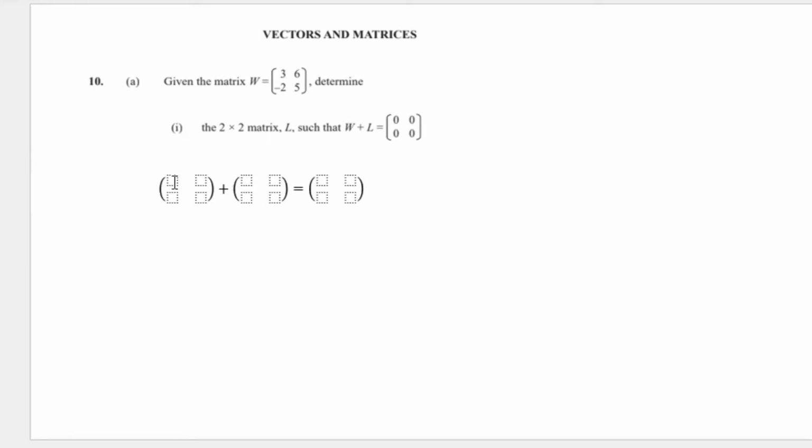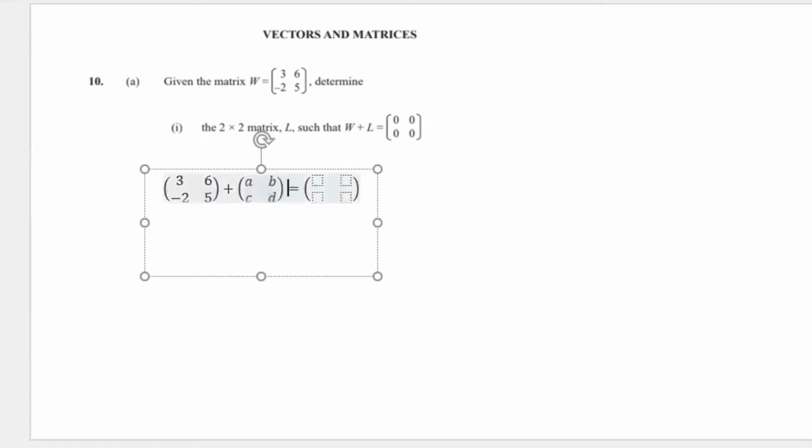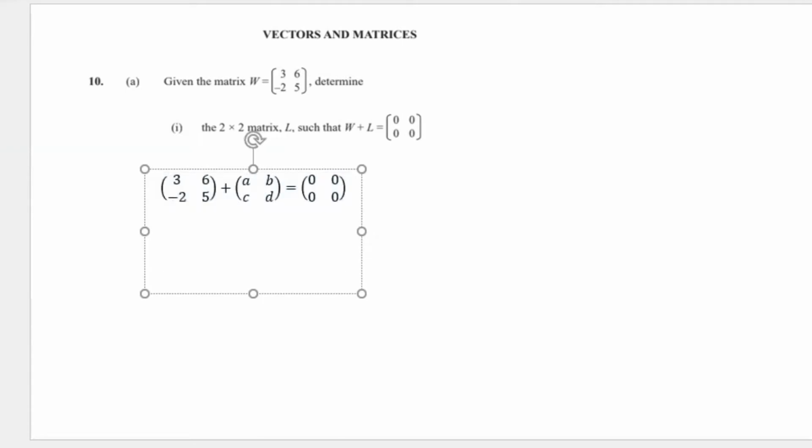But if you're working it out in the equation format, basically you'll have W, 3, 6, negative 2, 5, and we don't know what L is, which is what we're trying to find. So we're going to call it A, B, C, and D, being equal to 0, 0, 0, 0. So what we're going to do here is to now basically equate and solve for the unknown.